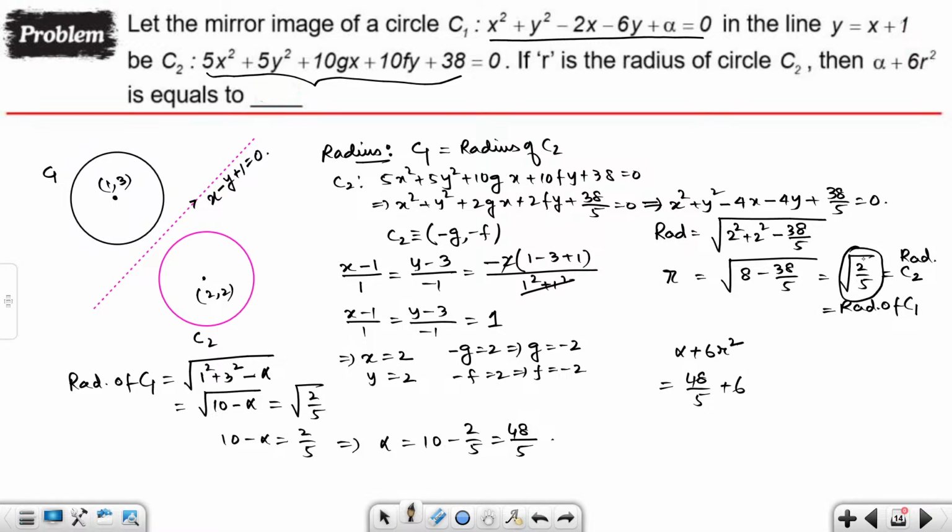So your R is root over of 2 by 5. So 6r square will give us 48 plus 12 over 5. That gives us 60 over 5, gives us 12. So the required value of alpha plus 6r square is nothing but 12. Is it clear to all? Absolutely? No doubt? Okay. Let's move to the next one.